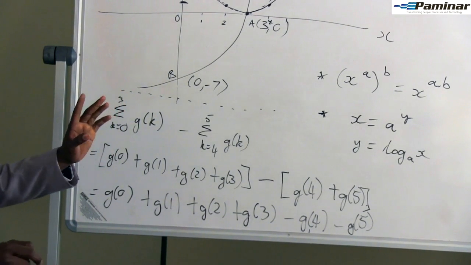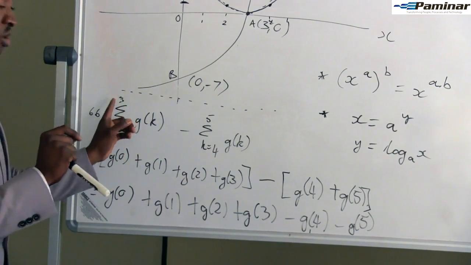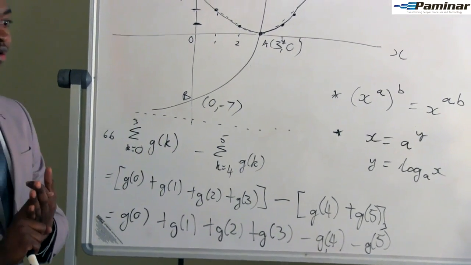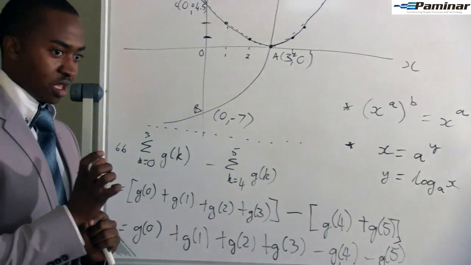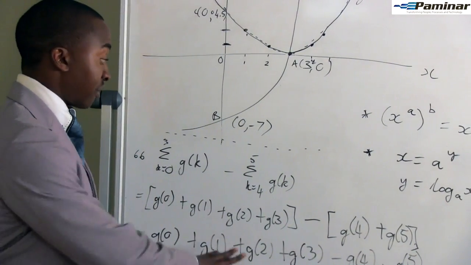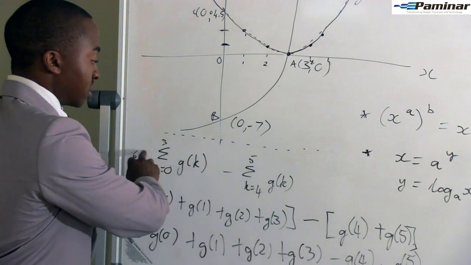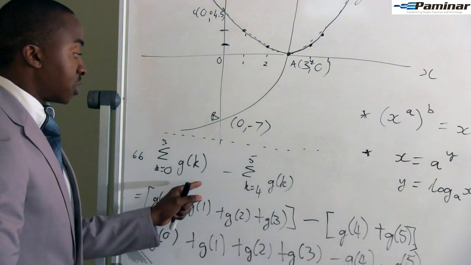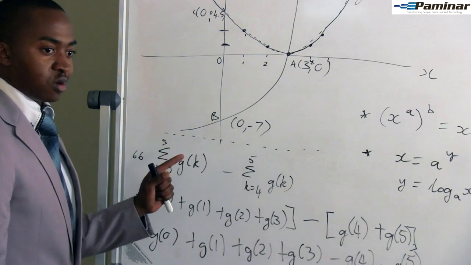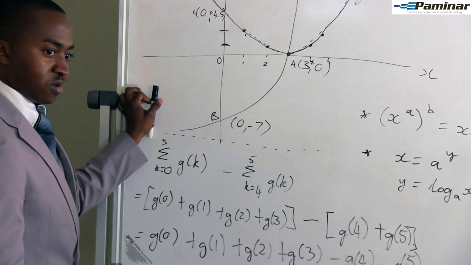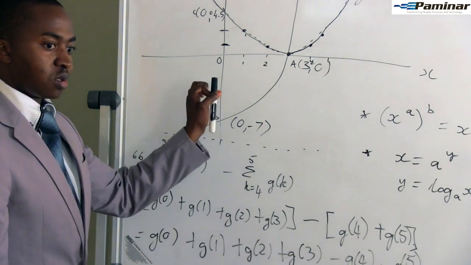So in other words, maybe what's confusing you here is the 3. That 3 doesn't stand for terms. They're just saying the value for k, not the actual number of terms. There are 4 terms. This means summation of g of k, where k is equal to 0, all the way up to 3. So you start from 0, 1, 2, and 3.